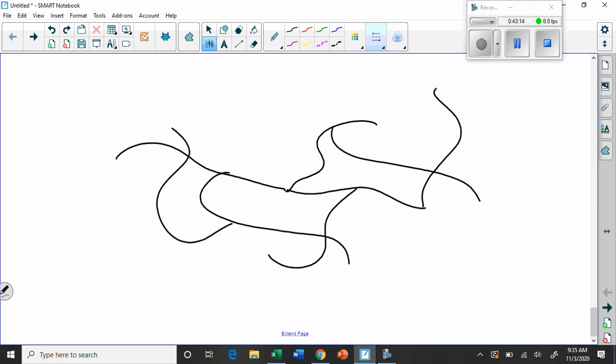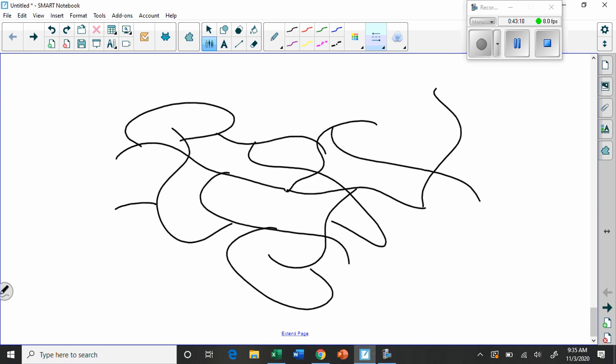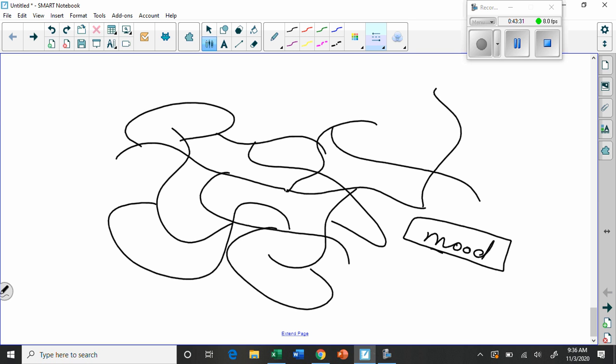And all of these connections have the potential to be excitatory or inhibitory, right? And so at any given moment, there's an overall result of all of those things, which basically contributes to our mood and our emotion. You can control emotions chemically using these neurotransmitters, which is kind of neat.